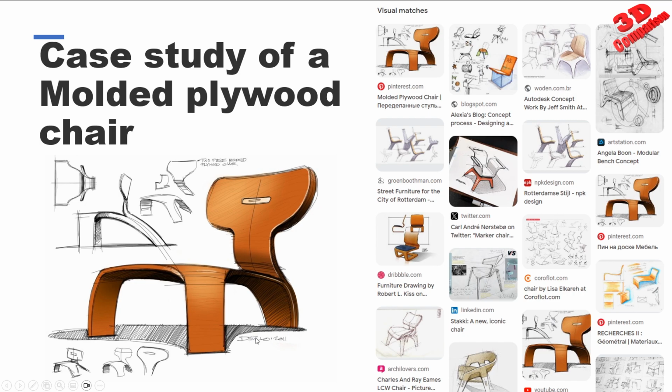We see over here the signature. We know that it was created in 2011, and this is a plywood chair made from two pieces. So as you can see over here, a two-piece molded plywood chair, and there are various sketches. So I decided to use this as the case study to show why it's important to have perspective drawings of a product.